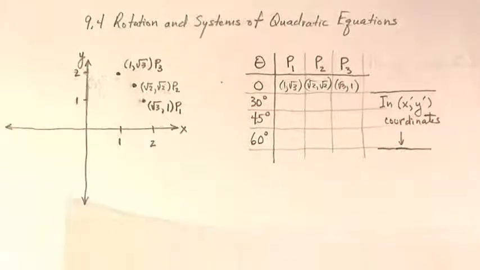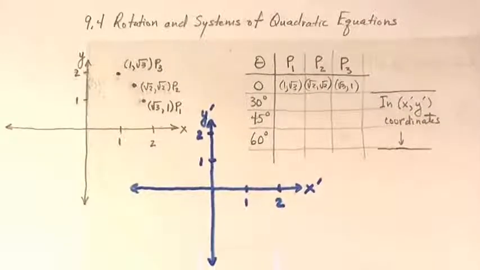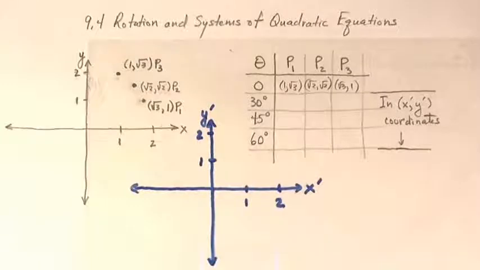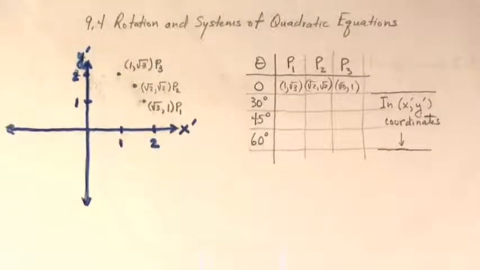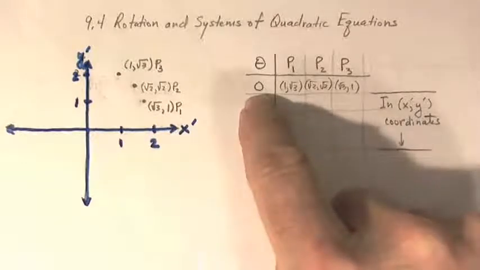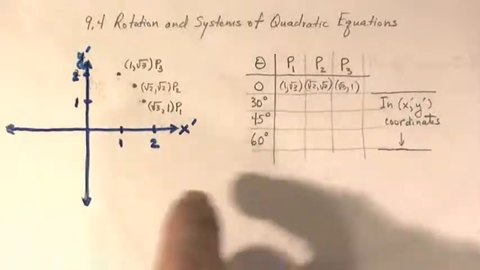Assuming you do recall that, I'm going to introduce a new coordinate system, the x primed, y primed coordinate system. And I'm just going to lay it over the top of the other one. Now, if the angle theta was 0, then these two coordinate systems would be the same.